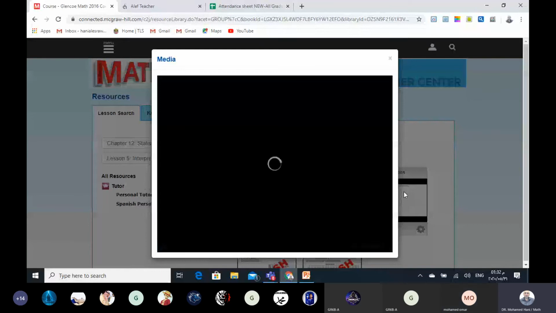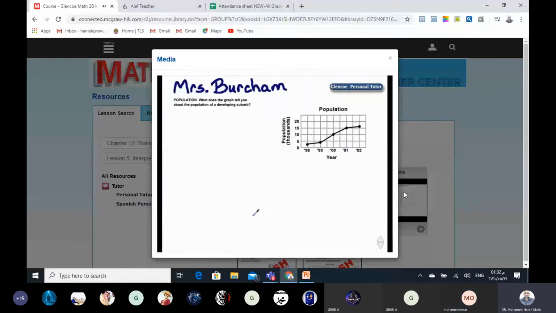Hi, I'm Mrs. Bertram, and we are going to interpret line graphs. Population. What does the graph tell you about the population of a developing suburb? Well, as we look at the graph, we see from 1998 to 1999, there was a slight increase in population. And then from 1999 to 2001, there was a great increase in the population.